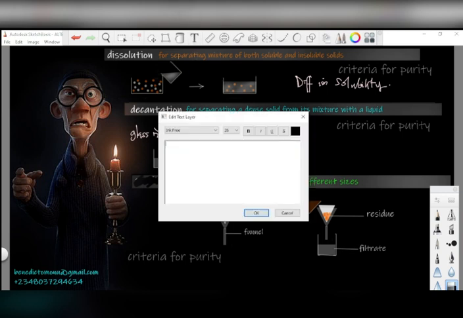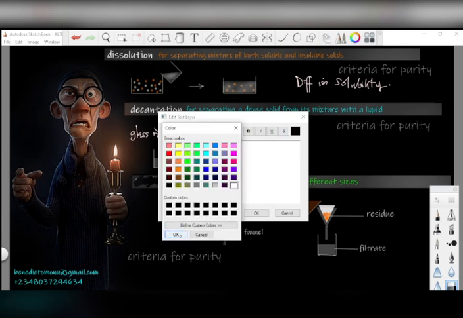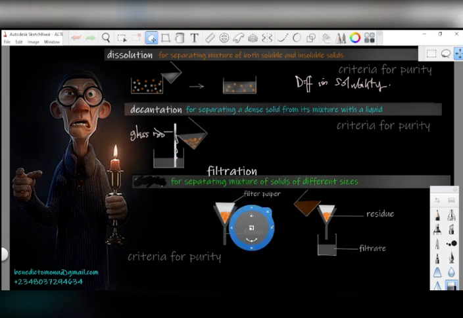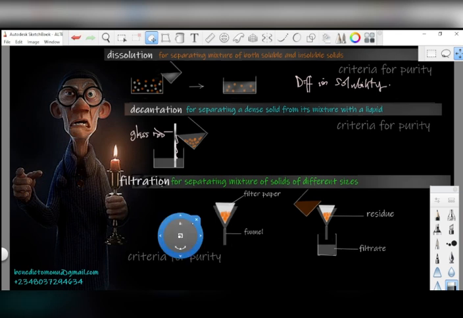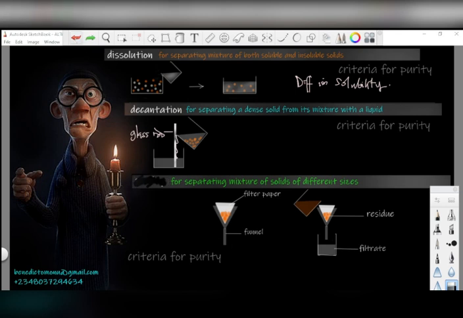When we look at filtration, let me quickly do the correction. Filtration, no, this is the exact opposite of sieving.